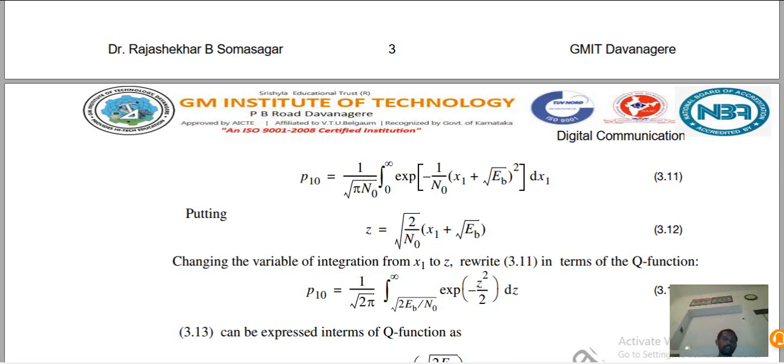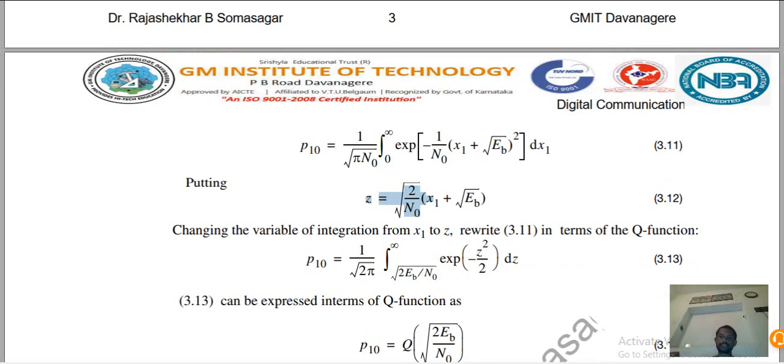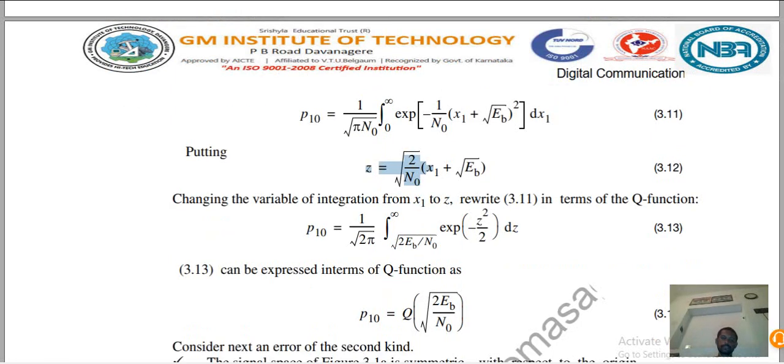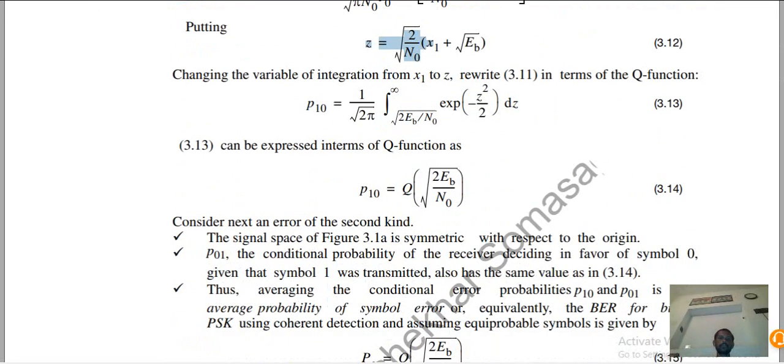This is because of the negative energy, which is positive, and putting Z in that equation it becomes Z squared. Just taking one substitution here, substituting Z and changing the limits in that equation, similarly we can express this complete function as a Q function of the energy with N naught.